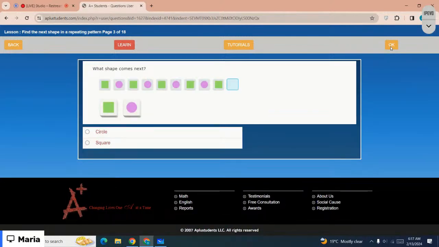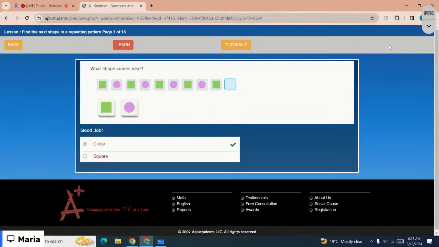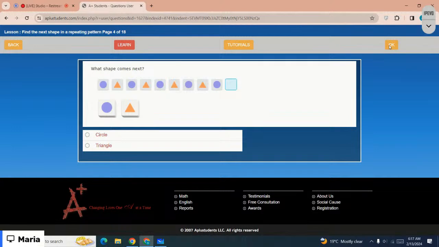Which shape comes next? So which is the correct option? The next one is a circle, right? Next one is circle. Which shape comes next?